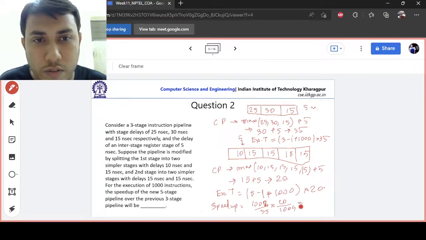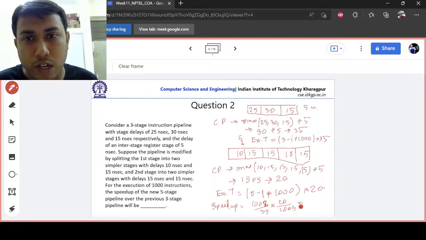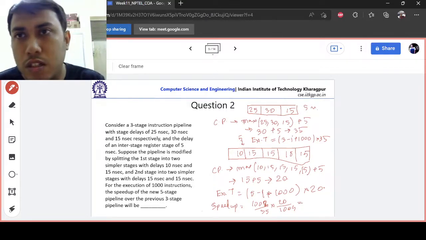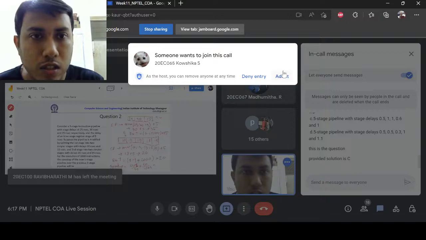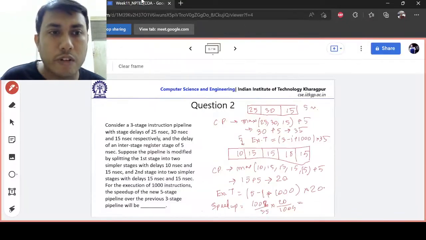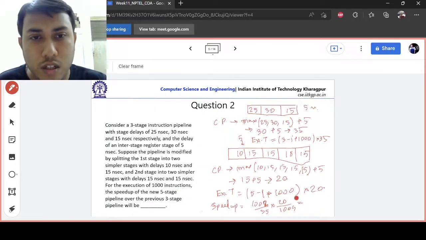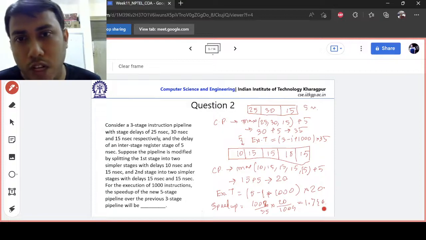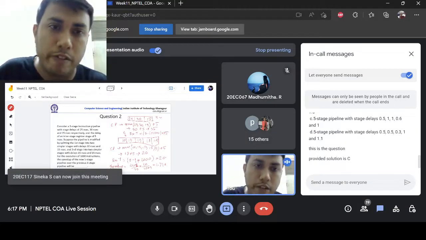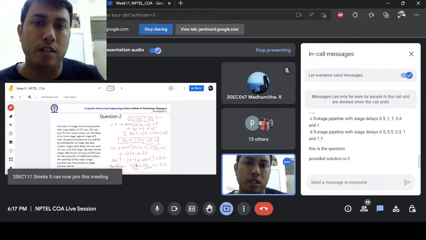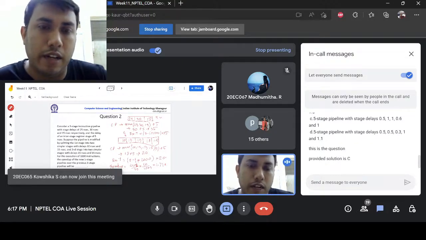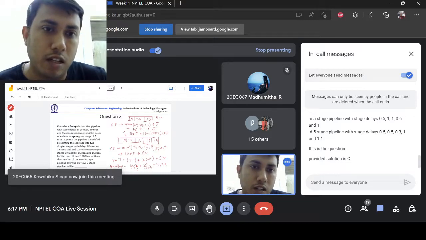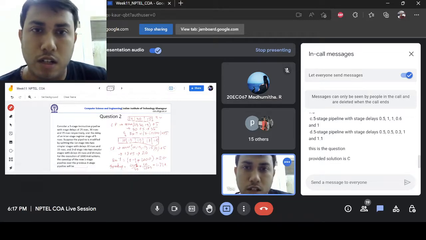If you calculate this, it will roughly come out to be 1.746. If you have any doubt regarding this, you can ask. This problem comes specifically from the previous one, how we solved the previous one, and these are very standard questions for this topic.